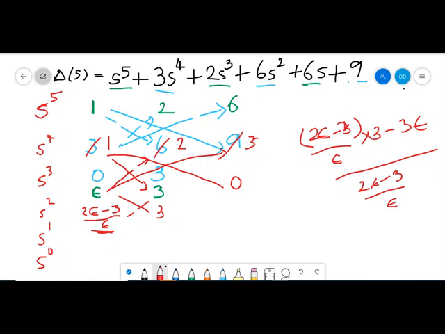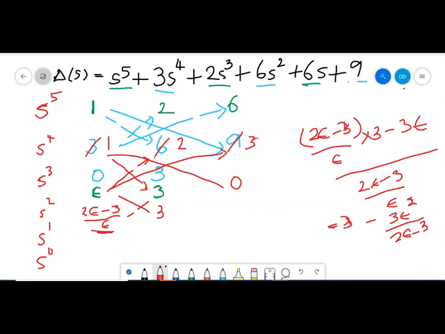If we consider this as a separate term and simplify, we get 3 minus 3 epsilon square divided by 2 epsilon minus 3. So this will be our term.